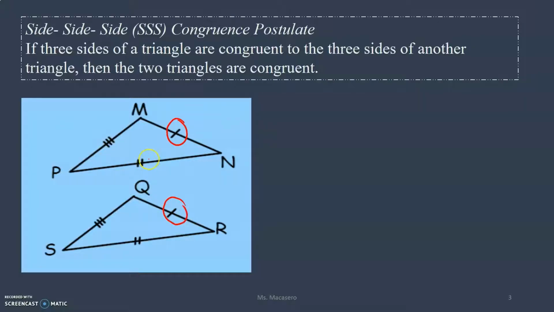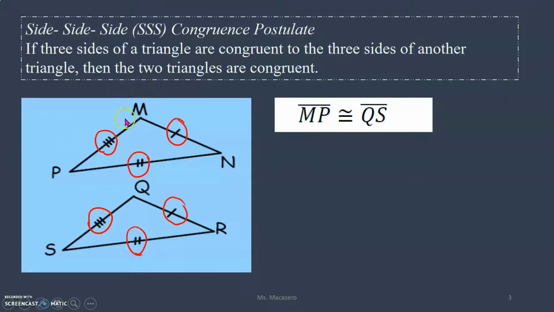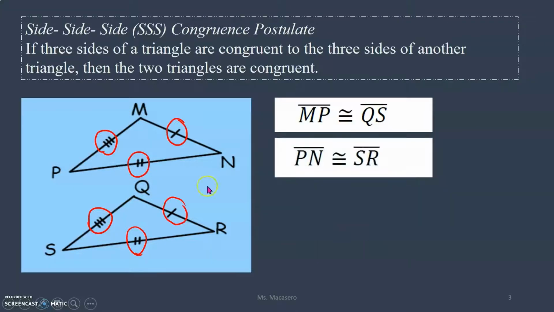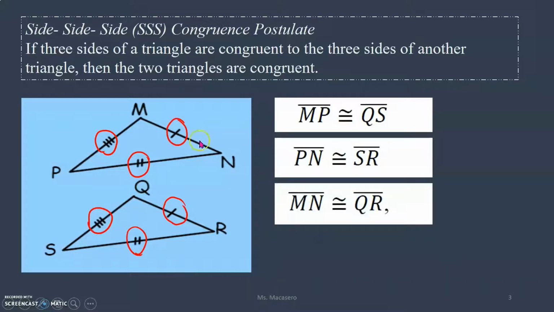So again, we know that the same number of tick marks in our geometric figures shows congruence. Here we see that side MP is congruent to side QS, side PN is congruent to side SR, and side MN is congruent to side QR.